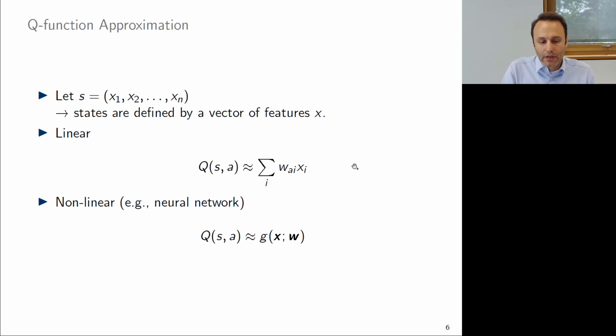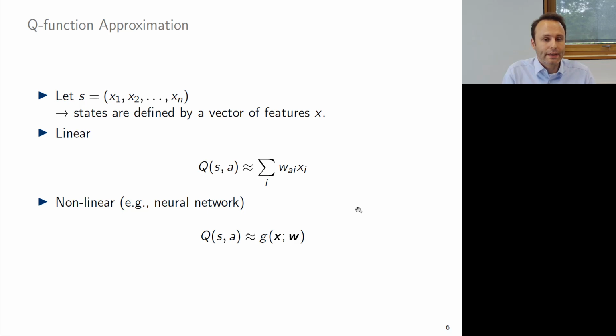Now, linear regression might be too restrictive, so we might also use something nonlinear. Here neural networks come in, because they help to approximate the Q functions, giving a real value as an output, as a nonlinear function of the inputs and the weights, the parameters that we're going to estimate.